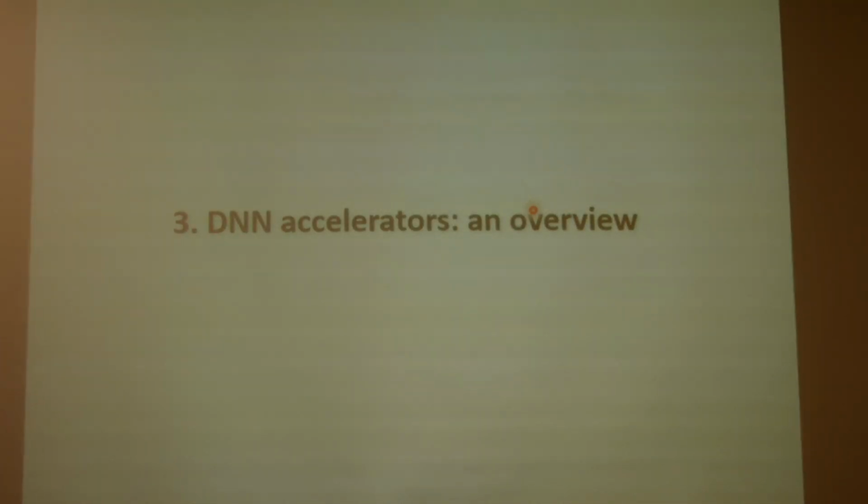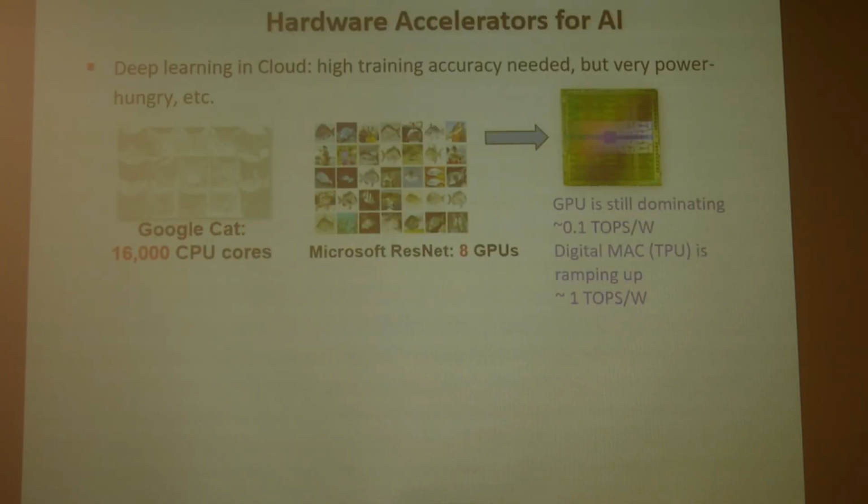In the first two parts, we covered some basic concepts of AI and the challenges in DNN processing. And here I would like to give an overview of the DNN accelerators. First, the DNN accelerators have two different target domains.